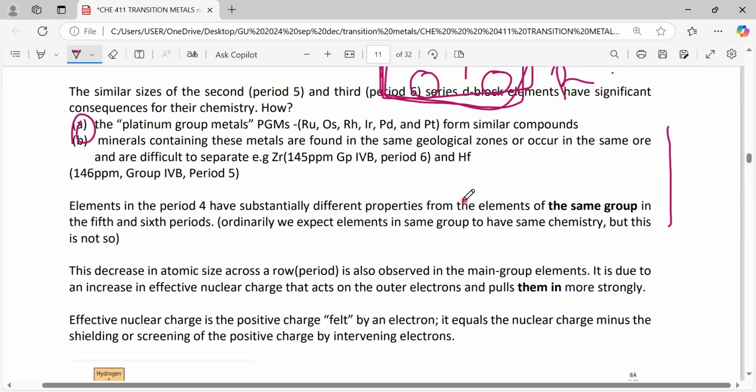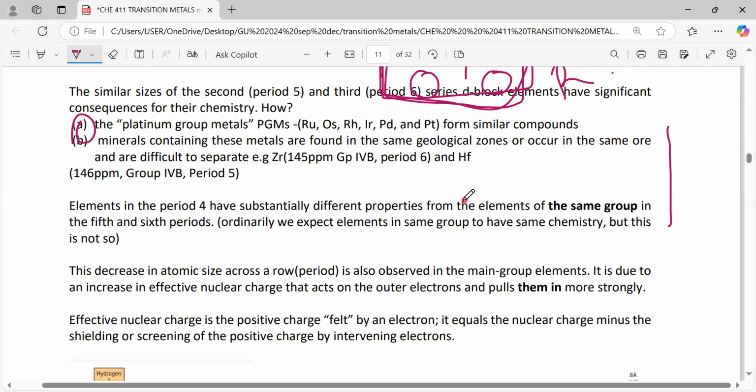This decrease in atomic size across a row is usually observed in main group elements. It is due to the increase in effective nuclear charge that acts on the outer electrons and pulls them in more strongly. Effective nuclear charge is the positive charge felt by an electron.